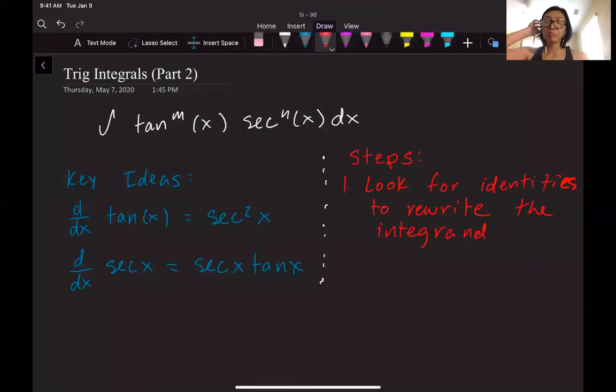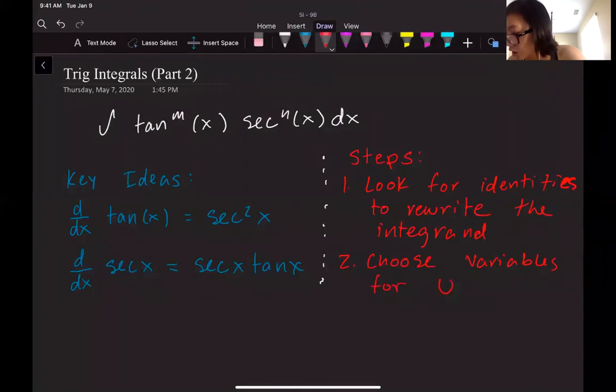Once we're able to rewrite that, now we can start performing a u sub, so we're going to choose variables for the u sub. And this is pretty much how you can approach any type of integral like this.